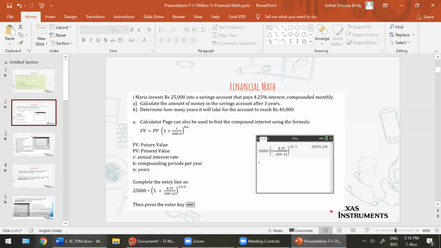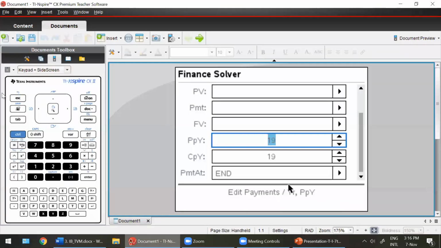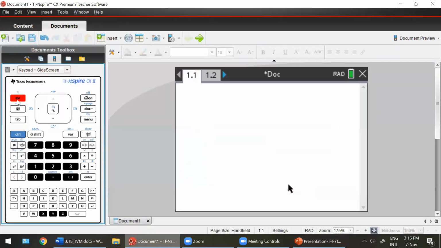Okay. All right. So here, press escape to get out of this mode. And go ahead, hit 25,000 times, and there you go. Open up your bracket, which is here. So 1 plus, and remember the division key hides here.